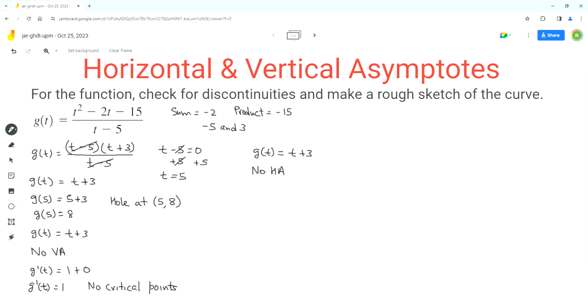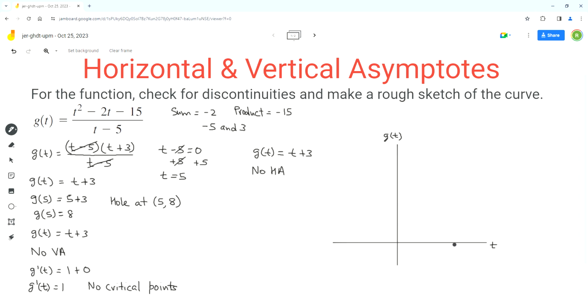Now we can make a rough sketch of the curve, and in the curve we'll show the hole on the straight line that represents this linear function g of t equals t plus 3. So this is the t axis and this is g of t. We know that the hole is at 5, 8.